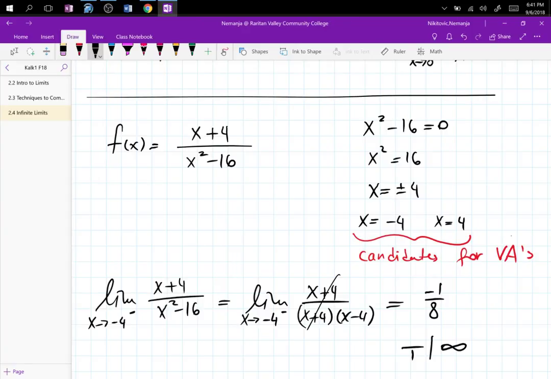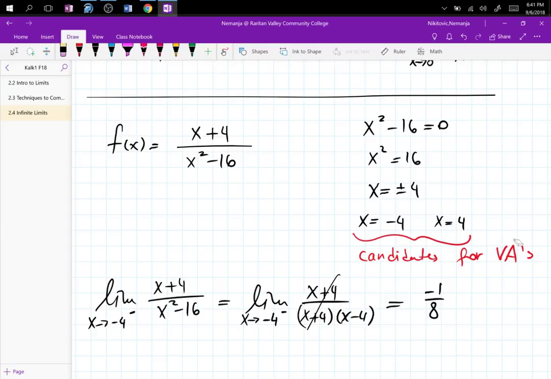But it's not infinity. It is -1/8. Therefore, -4 is not a vertical asymptote. -4 will be just an open circle on the line. If you graph this function on your TI-80 whatever, you will see a missing pixel at -4.